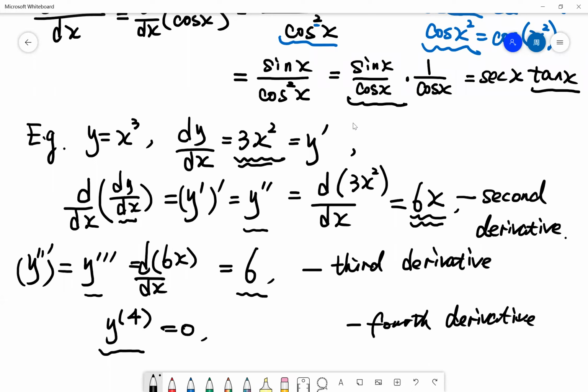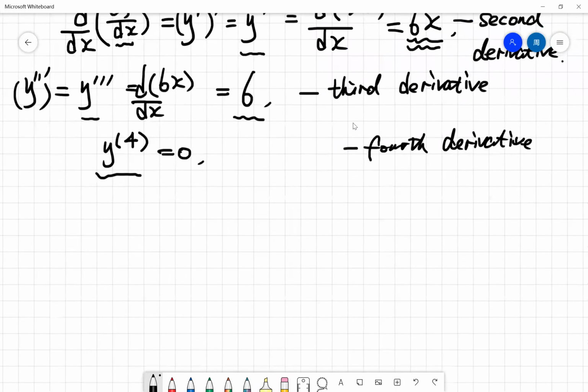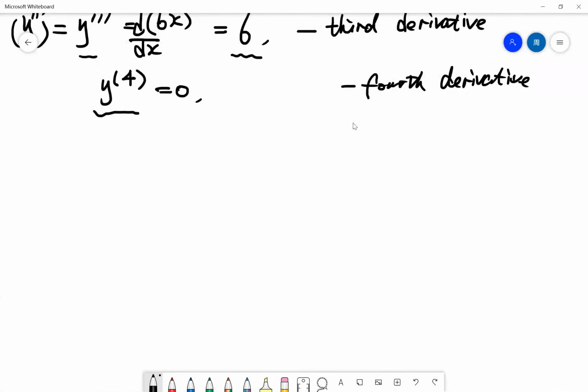So that is the definition of higher order derivatives. We just calculate the derivative of the function again and again. So now I will give you a question. The function is y equals x power 3 minus 3x power 2 plus 2.